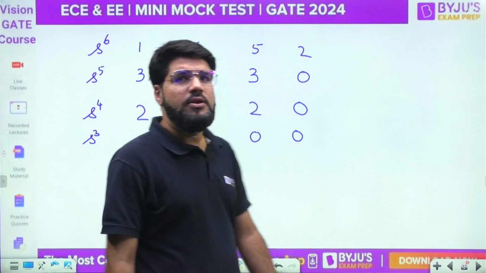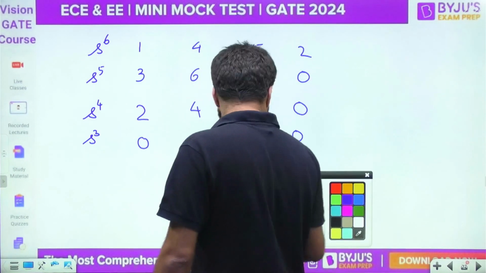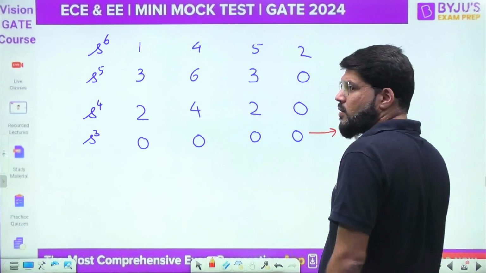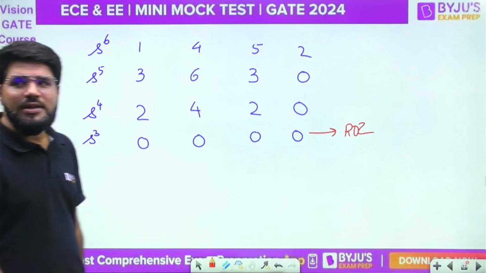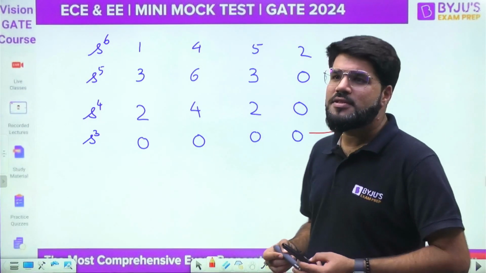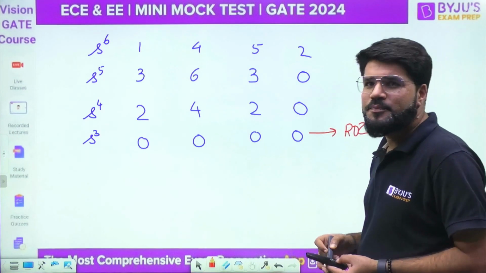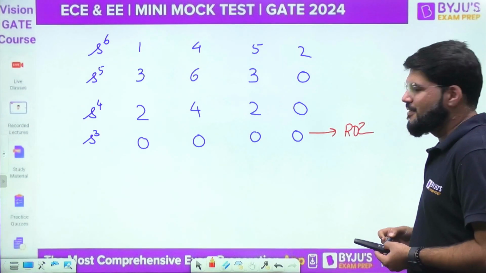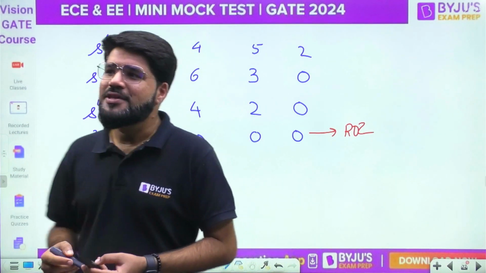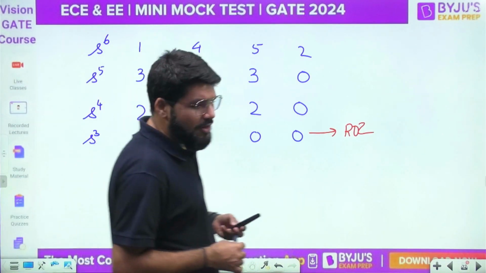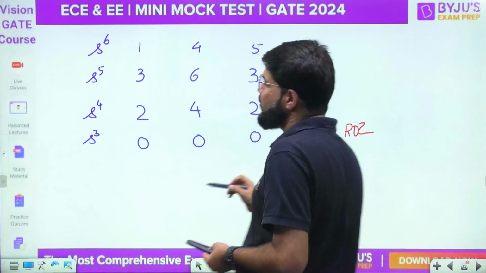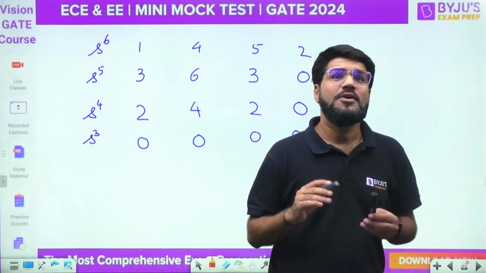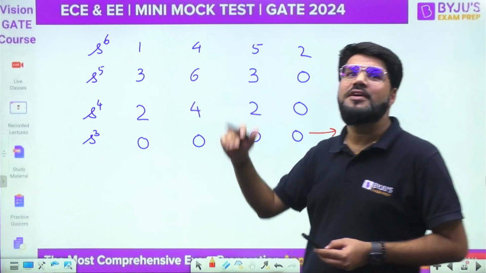So now what do you get? You come to a row of zeros condition. If there is a row of 0, what is going to happen? You will be talking about the auxiliary equation. Let us frame the auxiliary equation to solve this. The auxiliary equation is formed by taking the coefficients of the row above the row of 0.